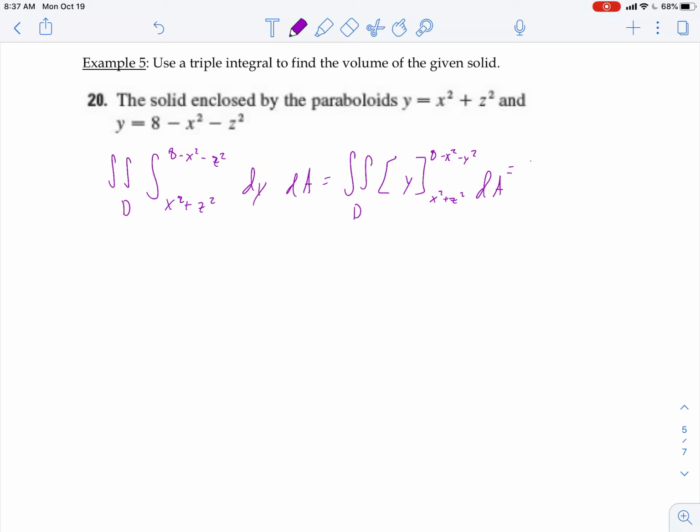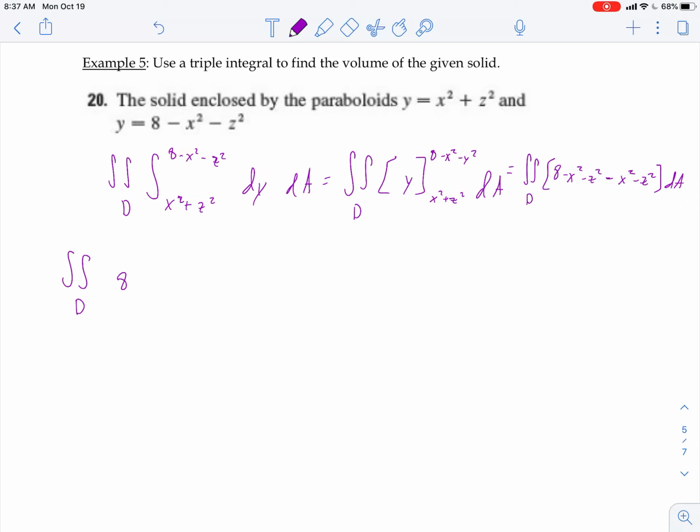You can skip what I just wrote and just write out what we're going to have: the double integral of 8 minus x squared minus z squared minus x squared minus z squared dA.